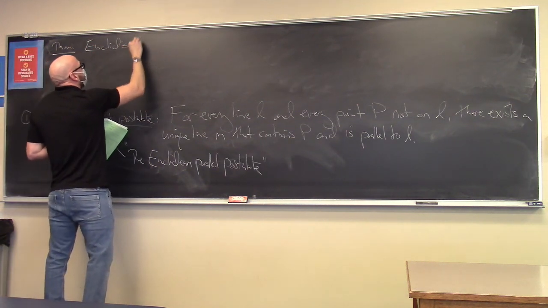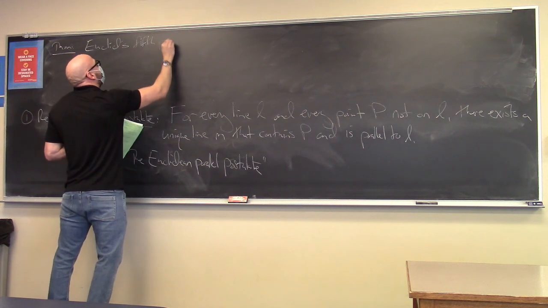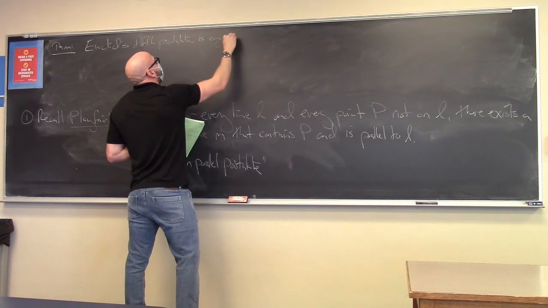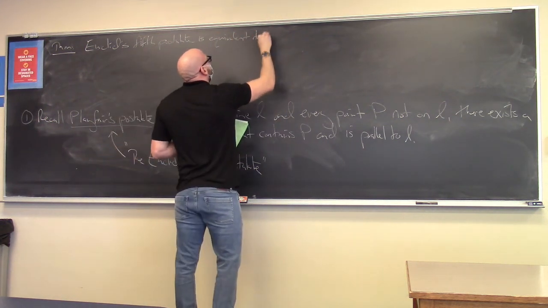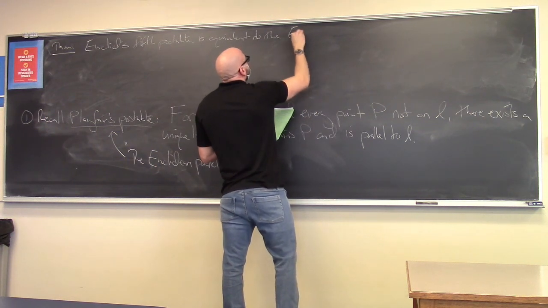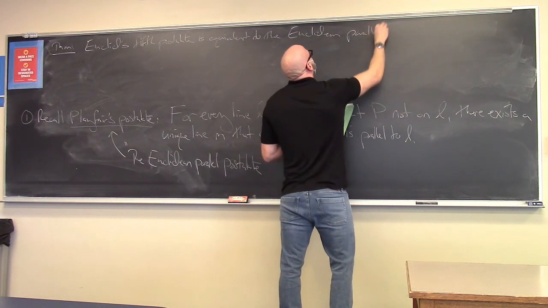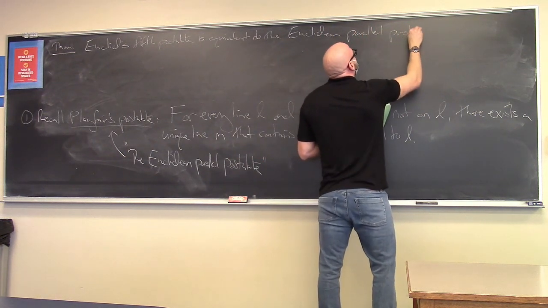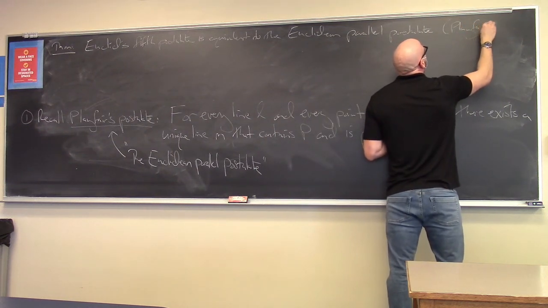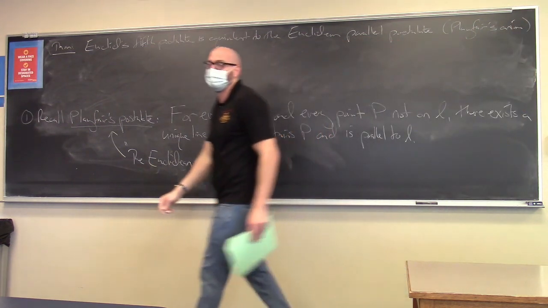Euclid's fifth postulate is equivalent to the Euclidean parallel postulate. So once again, I mean Playfair's axiom, or postulate.